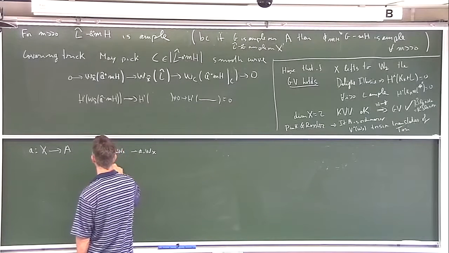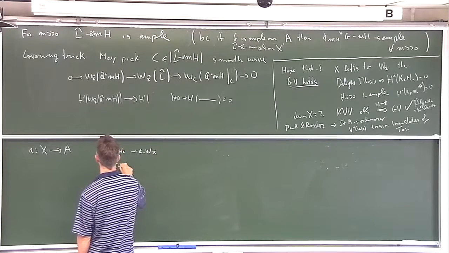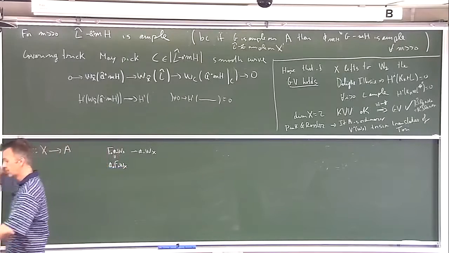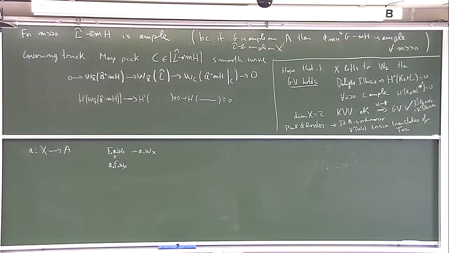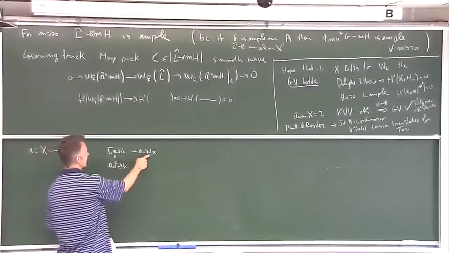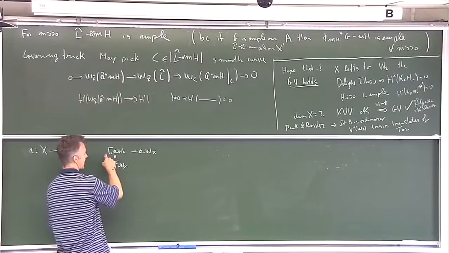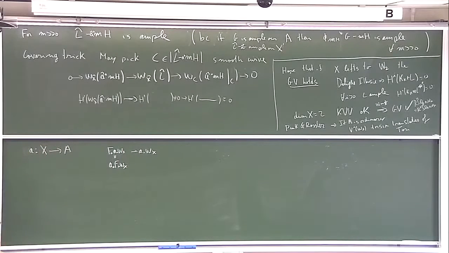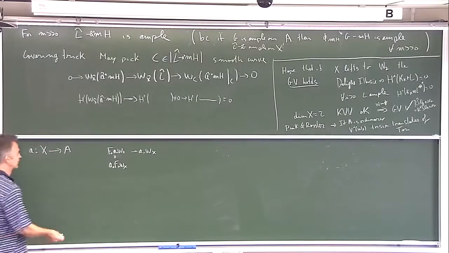Well, you see, this is the same thing as a lower star of F lower star of ω_X, because the Frobenius on X and A give you a commutative diagram. And so I had a map from this guy to that guy, so then I get a map between the pushforwards.